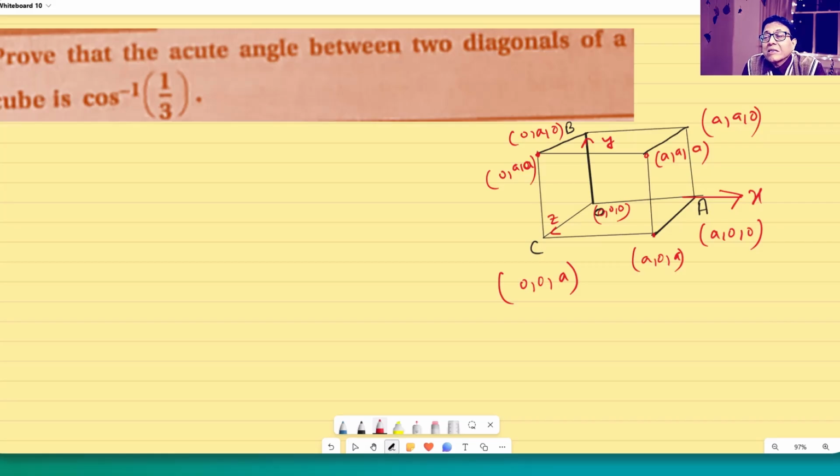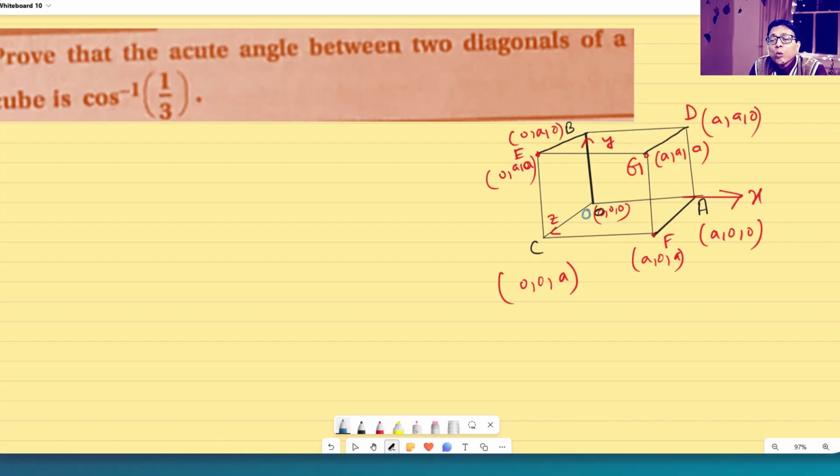So what are the diagonals over there? Name all these first. This is A, B, C and you take D here, E, F and this one G. So what are the diagonals? You have to prove the acute angle between two diagonals. Which two diagonals? Not mentioned. My answer is you take any two diagonals. This OG is a diagonal.